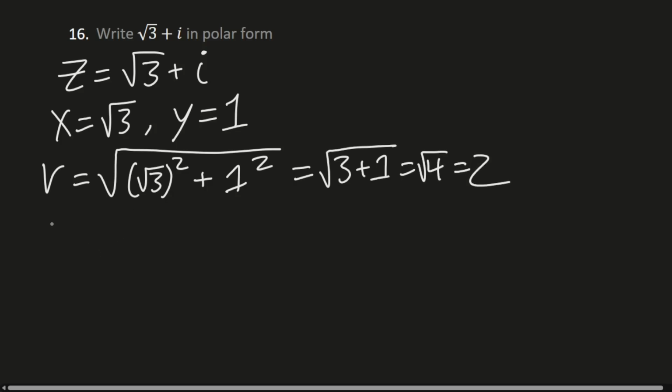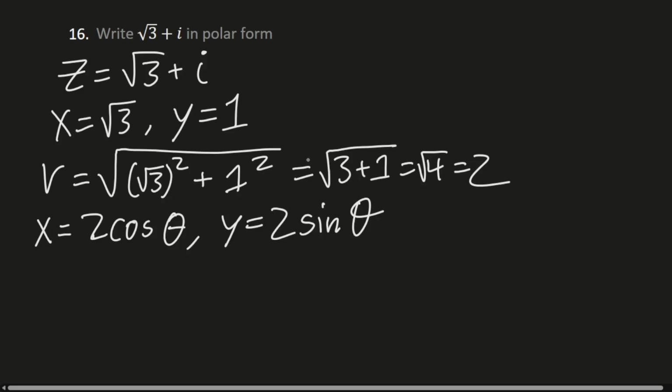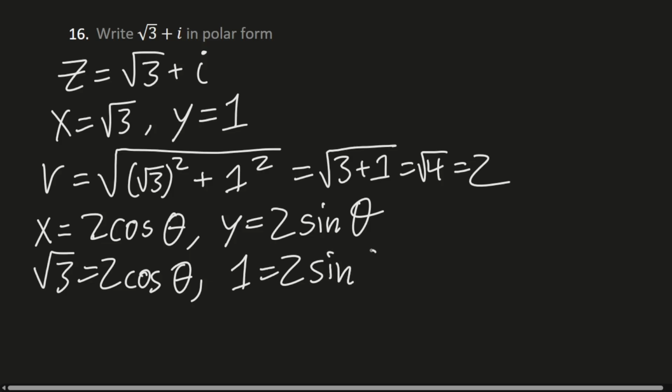And x is equal to 2 times cosine of theta, and y is equal to 2 times the sine of theta. So that would mean that square root of 3 is equal to 2 times the cosine of theta, and 1 is equal to 2 times sine of theta.